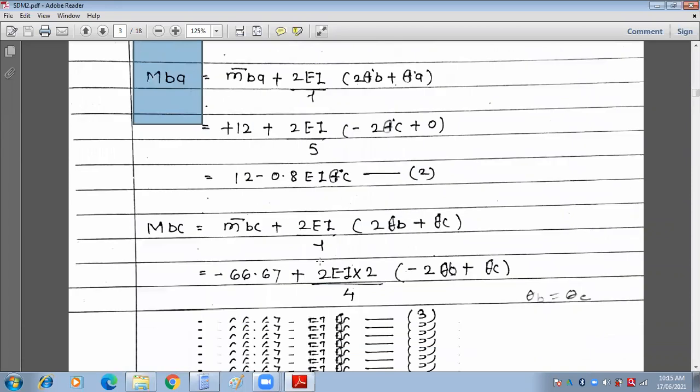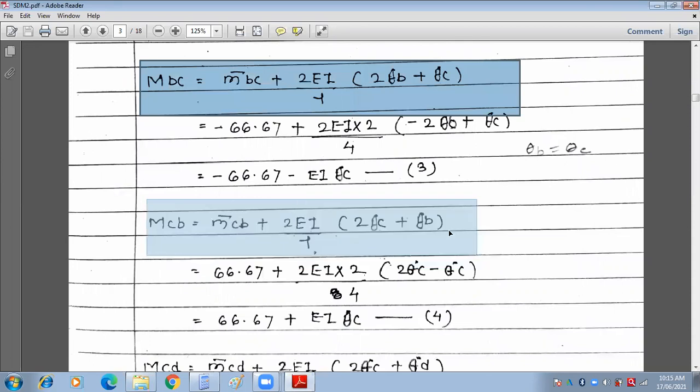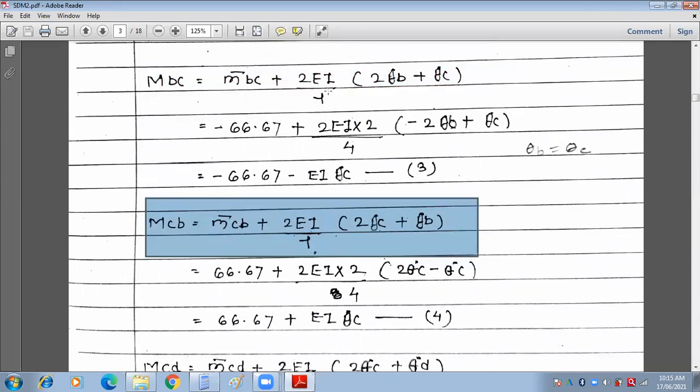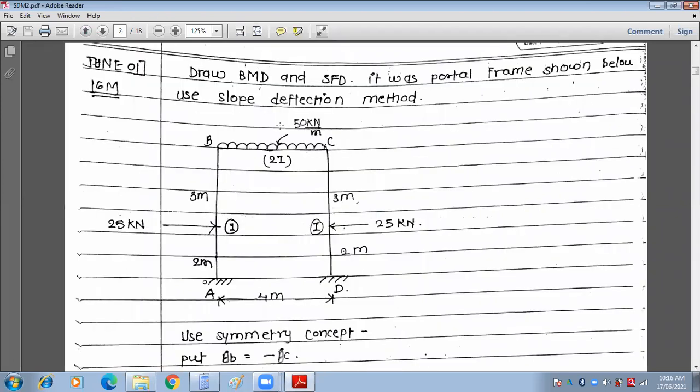Now similarly we have to work out the span BC. Again here also we have to use the general formula. Moment BC is equal to friction moment BC plus twice EI upon L into bracket 2 theta B plus theta C. Now, as we have seen, supports B and C are continuous. Therefore, the slopes will exist. There will not be any zero slope here. Therefore, theta B and theta C will remain present. Now put the values. Friction moment BC is minus 66.67. If you see the figure, the I value is twice I for the span BC.